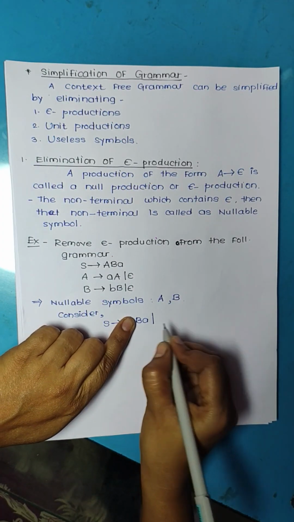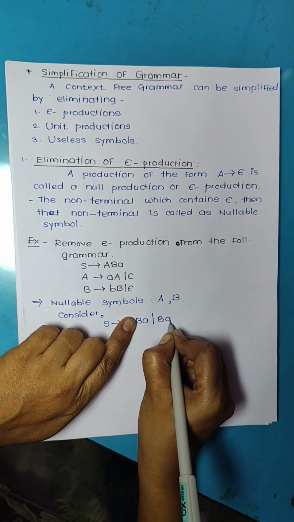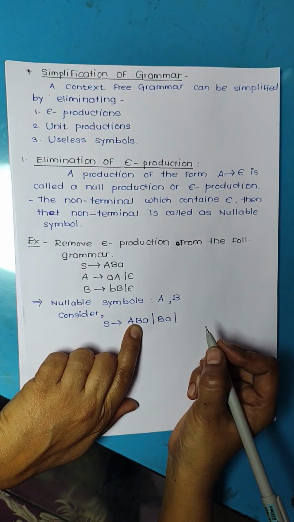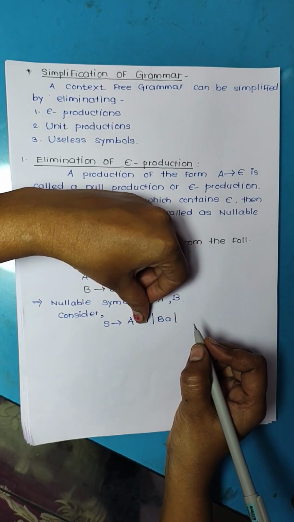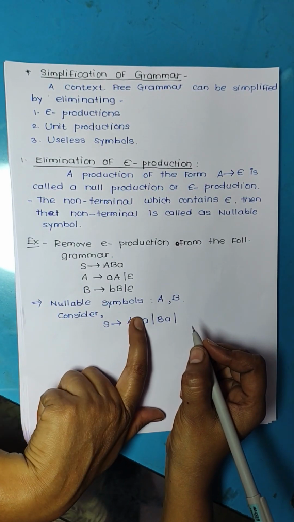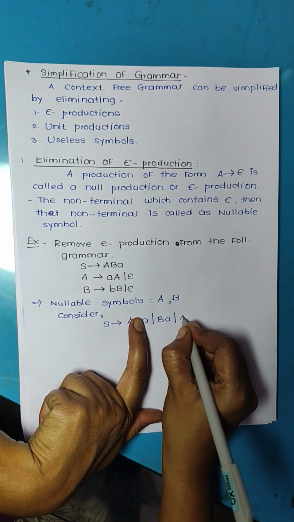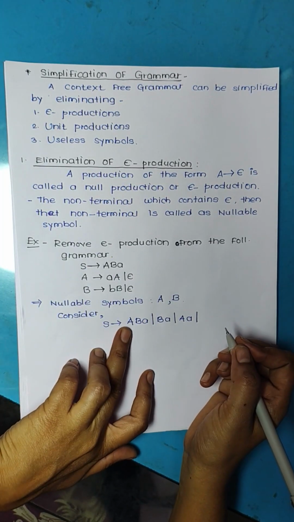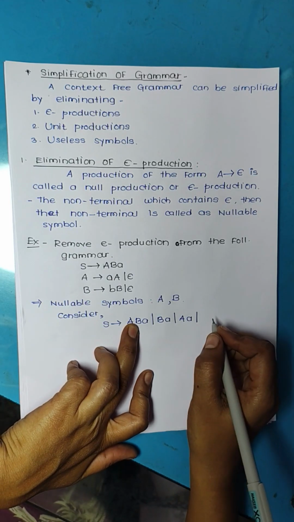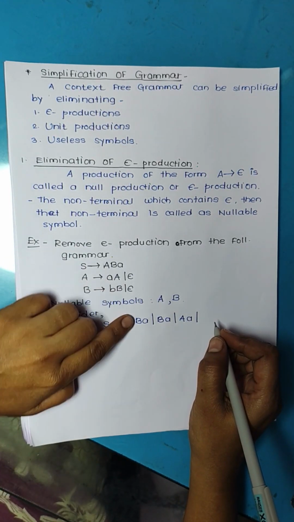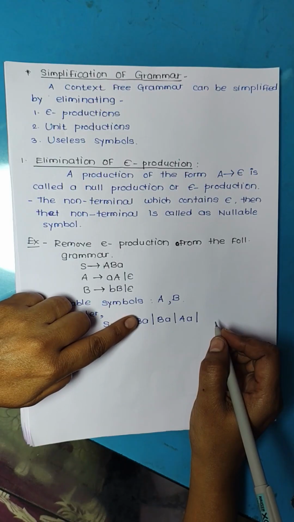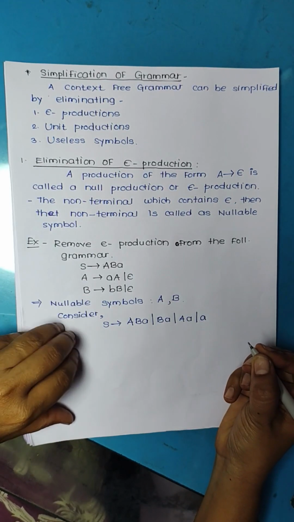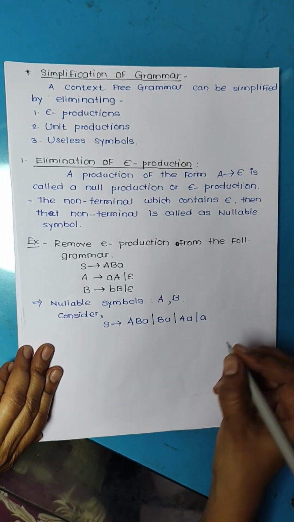The remaining production is B, A. Here B is a nullable symbol also, so instead of B we replace epsilon; the remaining production is A. And third, A and B both are nullable symbols, so instead of A and B we put epsilon, then the production will be A. In this way we add the new productions.